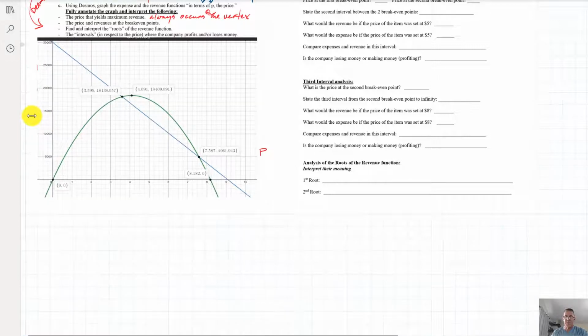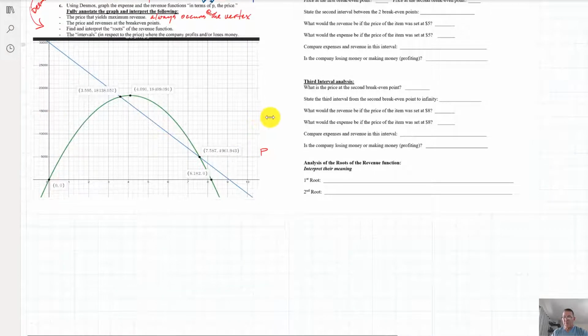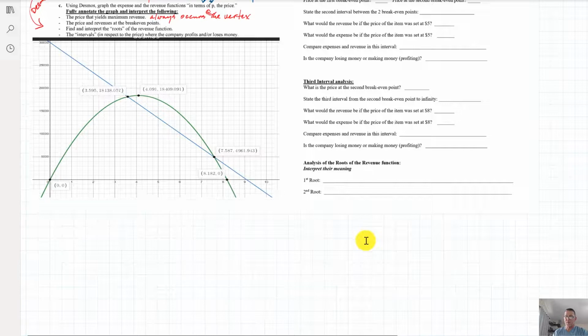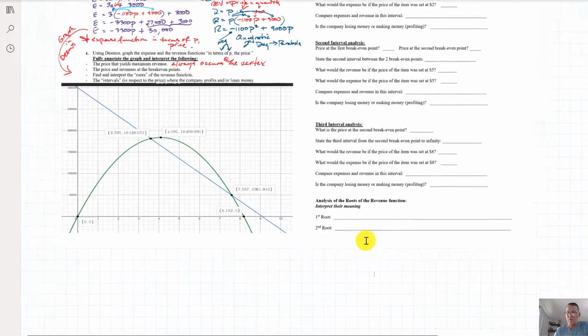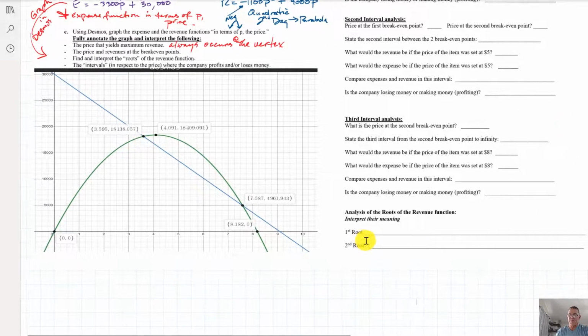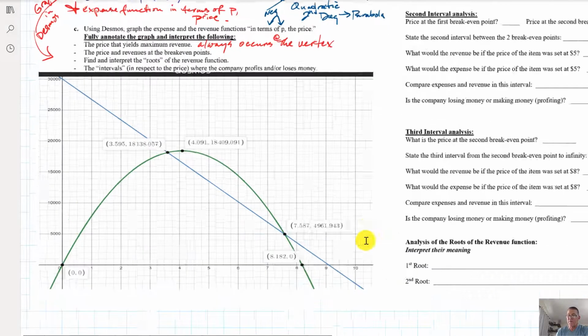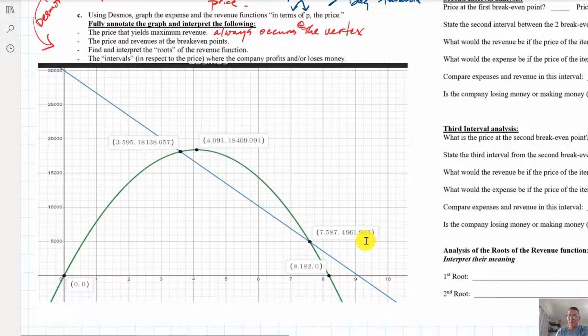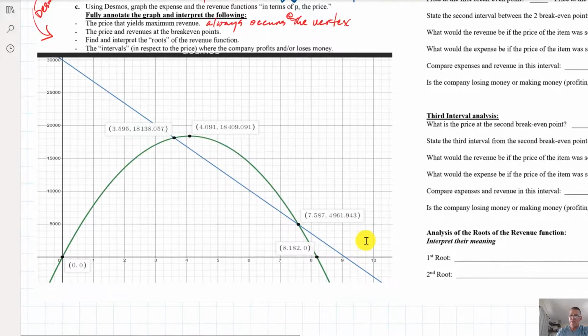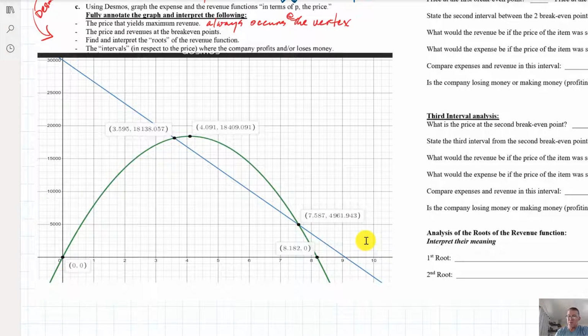So we have this function with this graph, and let's go through all the different aspects of it. We want to figure out the price that yields the maximum revenue. Take a look at the top here in the directions; we've got to answer all these questions. Let's annotate it first, and then we'll go off to the right and do a deeper analysis of what's going on.